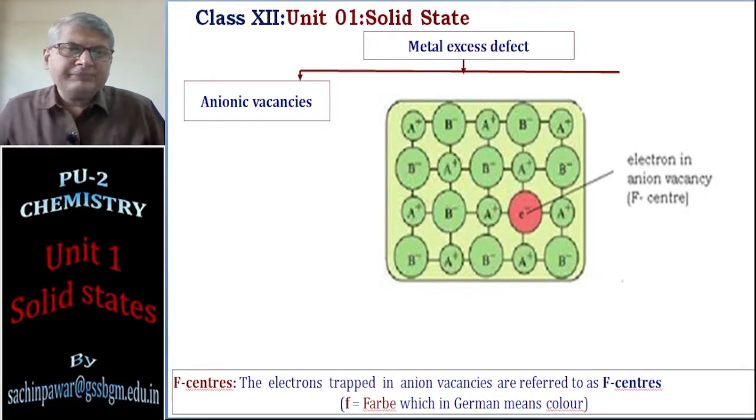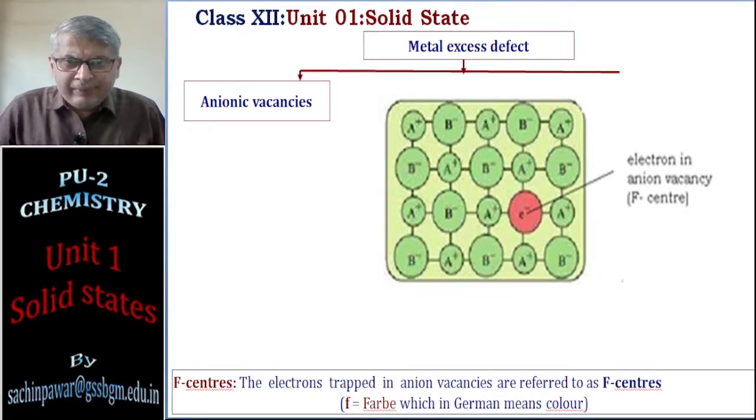When this B minus ion is removed, it gives its electron here, and the electron of this B minus ion comes and occupies here, and this site is known as F center. F center is actually a center where the electron is trapped. The electron is trapped in the anion vacancies, and that is referred to as F center.